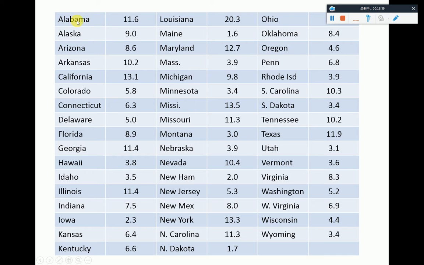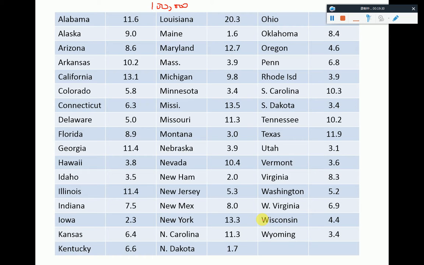By the name of each state, there is a number representing the murder rate. In Alabama, the rate is 11.6 per 100,000 population. So obviously, higher numbers mean higher murder rates.